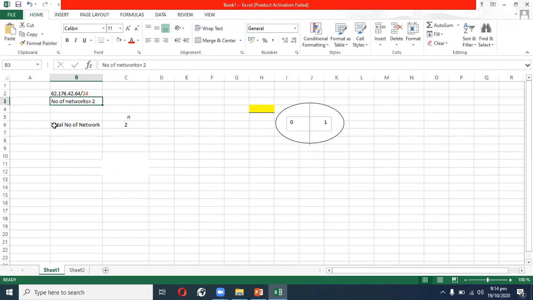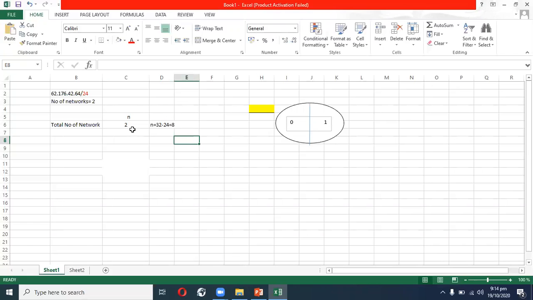So let's see what the total number of networks for this IP is. The formula is 2 to the power n, where n is equal to 32 minus 24, which comes to 8.